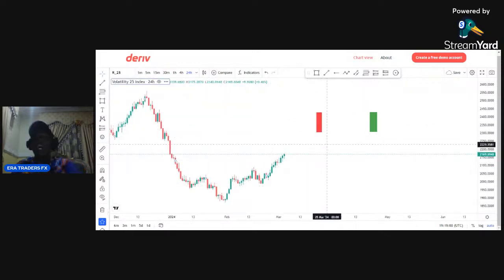The bearish candle is the red one, the green one is the bullish. Right?